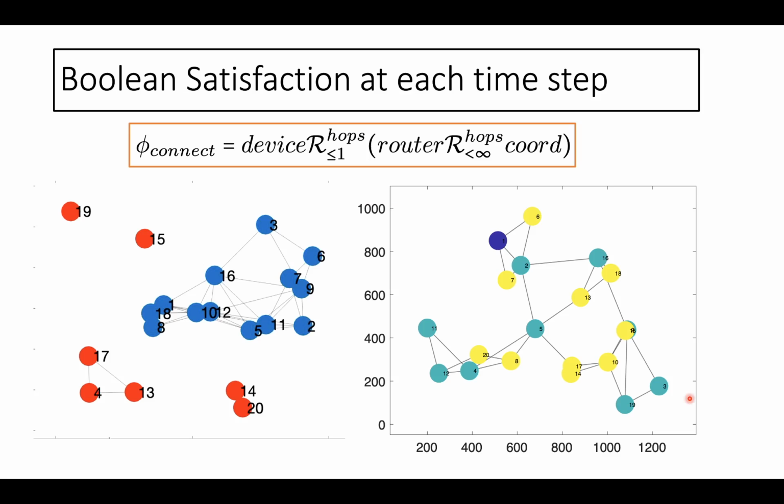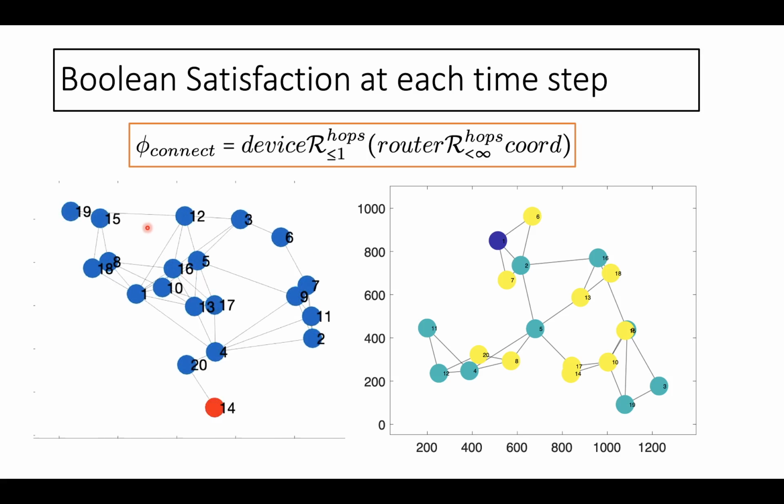In this slide, we see the evolution in time of the Boolean satisfaction of the first property in the previous slide, the one with just the spatial operator. In blue, there are the nodes that satisfy the property. Instead, in red, we have the nodes that do not satisfy the property.